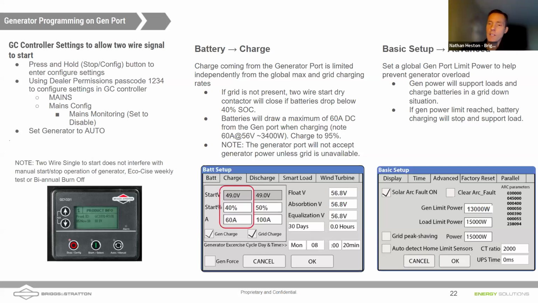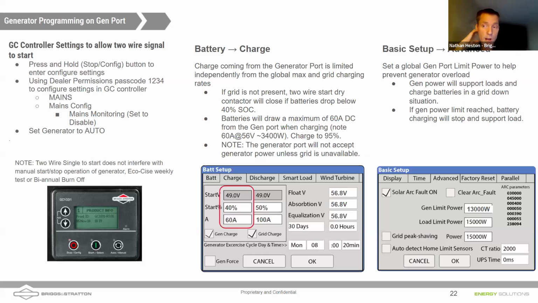So if you have a 13K generator, you can limit the amount of power that is being pulled through the Gen 4 port under Basic Setup Advanced. So we can limit the gen power to 13 kilowatts. Now, keep in mind, the generator will have to cover the loads when the batteries are charging, right? Unless you've got some solar in there. But let's just think of a system where we only have a generator and we have loads in the house that need to be covered and we have batteries that need to be charged.